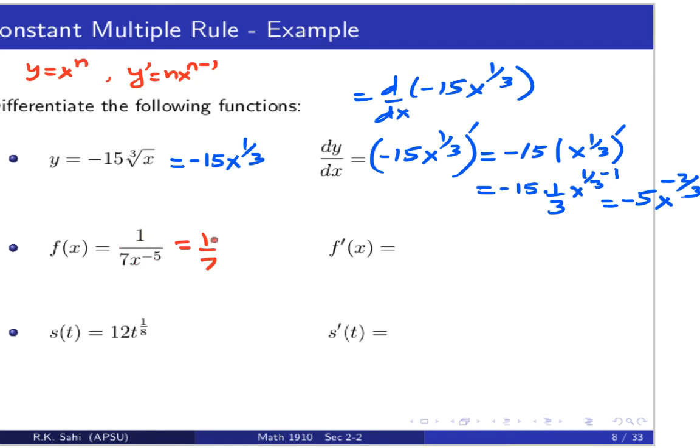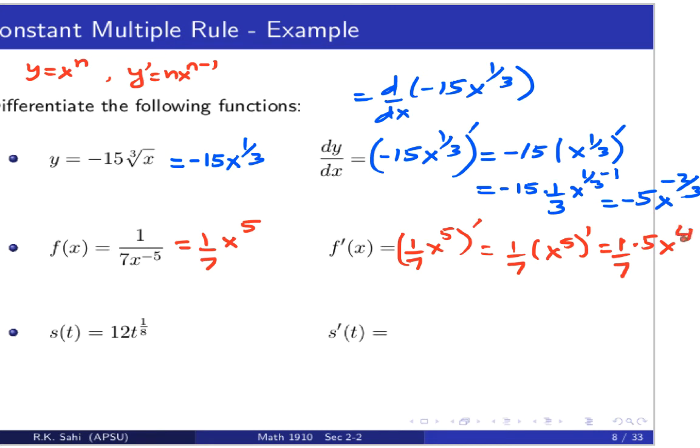Now, x to the power minus 5, when you take it in the numerator, becomes x to the 5. So we're taking the differential of 1 over 7 x to the 5, which is going to be 1 over 7 differential of x to the power 5, which is basically 1 over 7 times 5, x, 5 minus 1 is a 4.